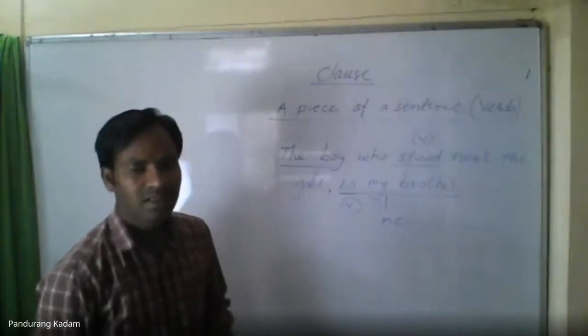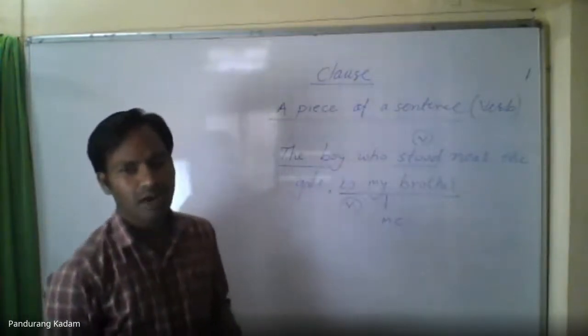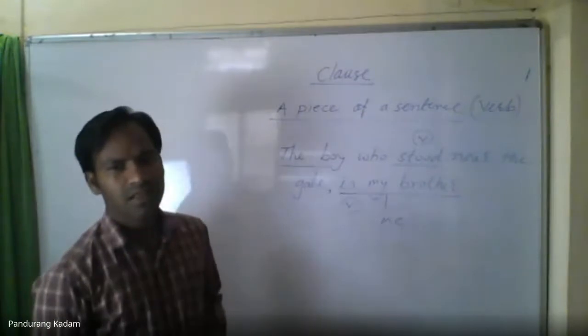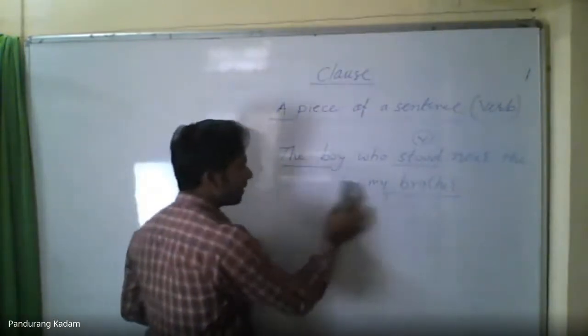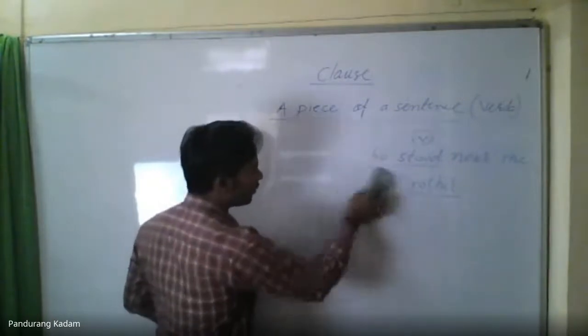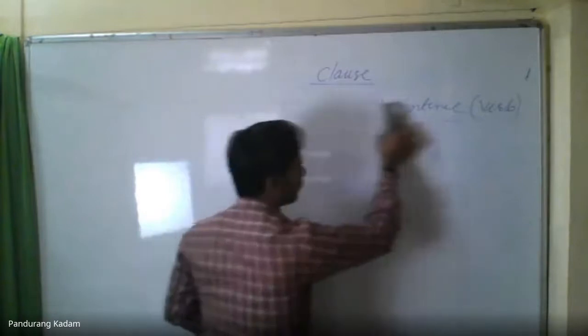Who stood near the gate is the subordinate clause. Okay, very good. It means that you understood main clause and subordinate clause and how to identify them. So just remember some very important things: a subordinate clause always starts with a subordinator.